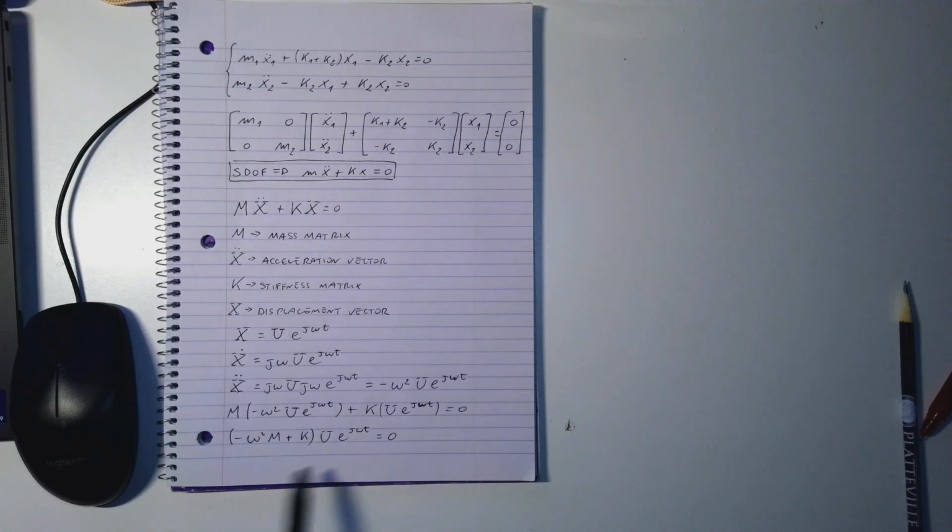If we want this function to be equal to 0, this term, e j omega t, will never be 0, it is an exponential. Also u cannot be 0, because if this is 0 we have the trivial solution. So the only way to have this quantity equal to 0 is to have the quantity between parentheses equal to 0.